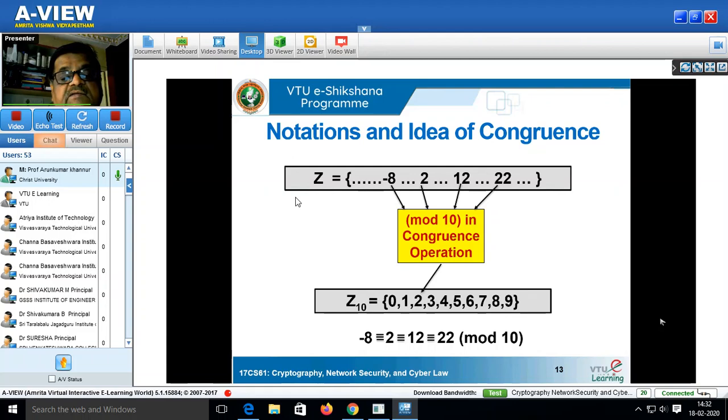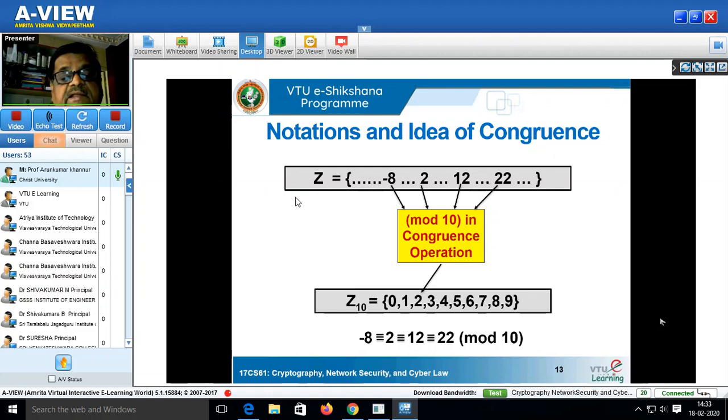So mod 10 indicates that we are interested in the set of residues between 0 to 9. So that is Z10.